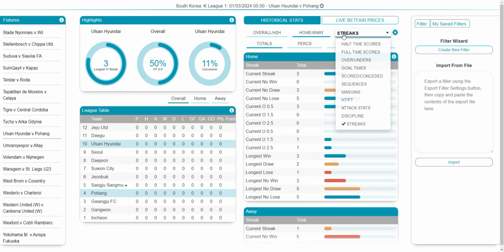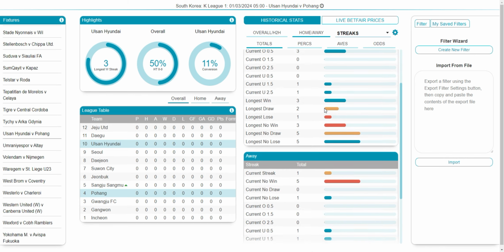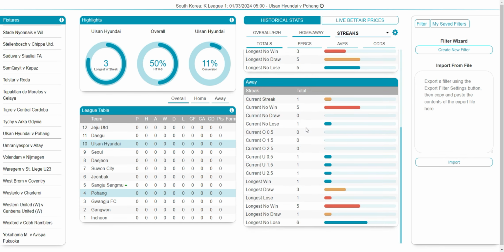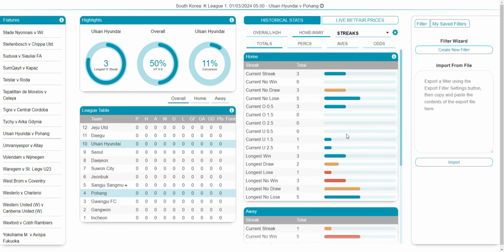Now, what you're going to want to do here is go to streaks, like I say, click that. Let's scroll down to the away team. The away team hasn't won in 5 games away from home. So that is pretty strong. Okay, they didn't lose their last one, but what we're seeing here and what seems to be the trend for this match is that the home team has a good chance of winning.